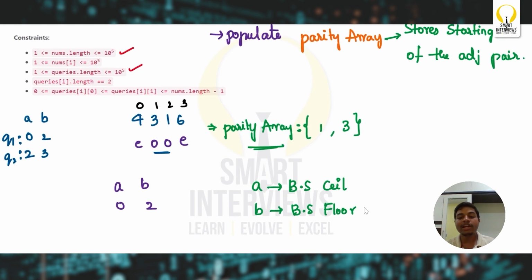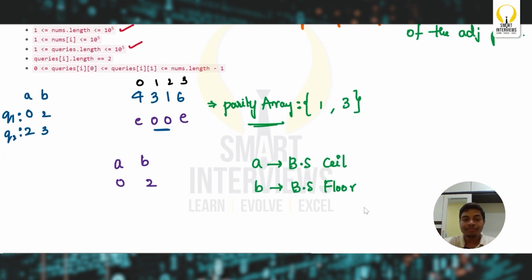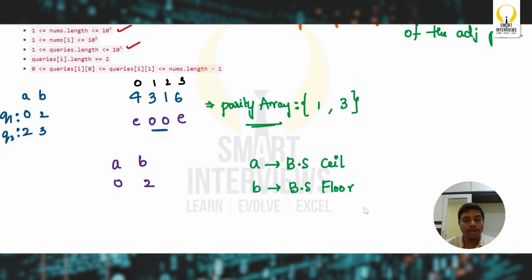If I calculate binary search ceil on A and binary search floor on B over the entire parity array, and I get a value in the range A comma B, I can simply add false into my answer array. Here we have 0 and 2. If I call binary search ceil on 0, I'm going to get 1 here.